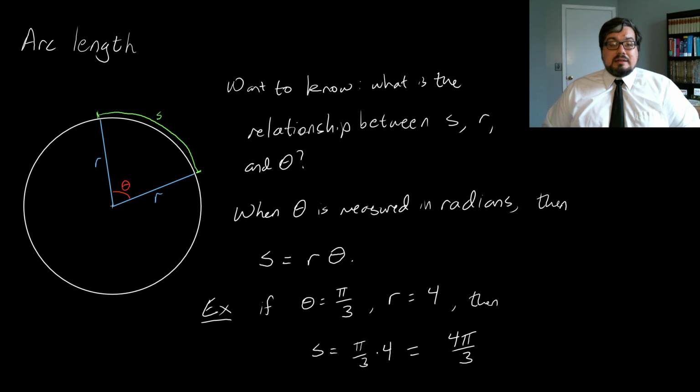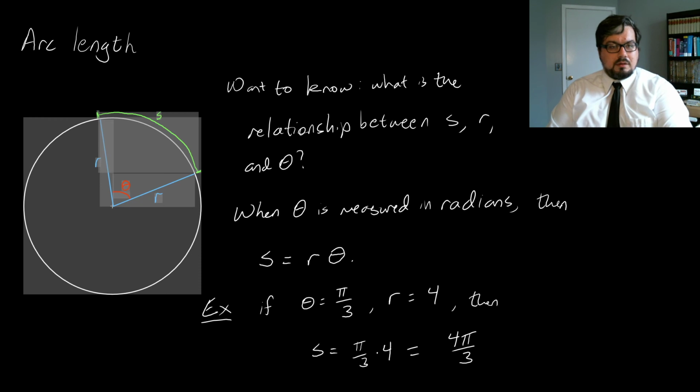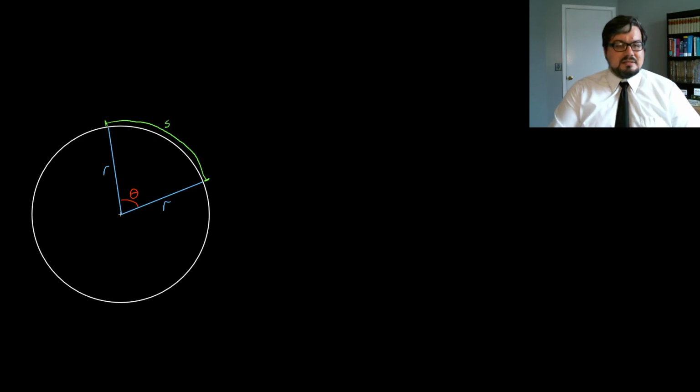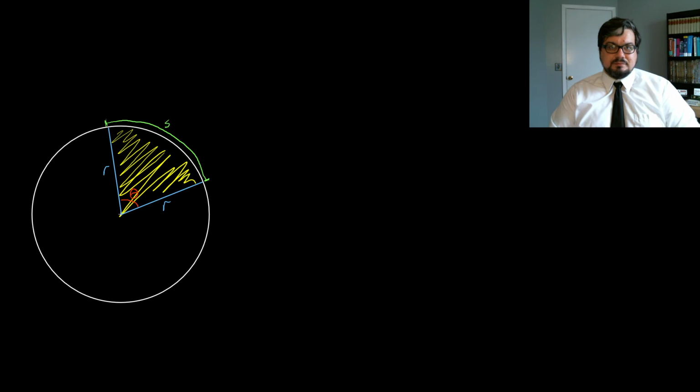We can do several things with this, and we've got other formulas that we can use that benefit from us using radians. So, for instance, let's consider also this same picture, but now, instead of considering the length of this arc, let's ask the question, what is the area of this sector?